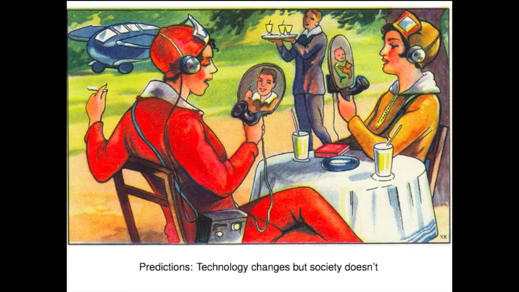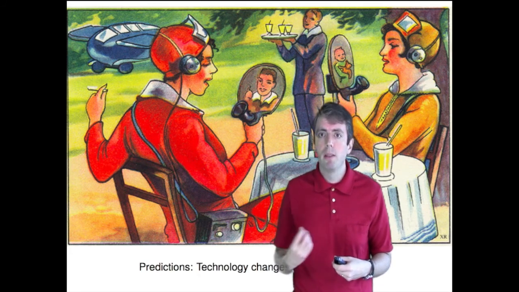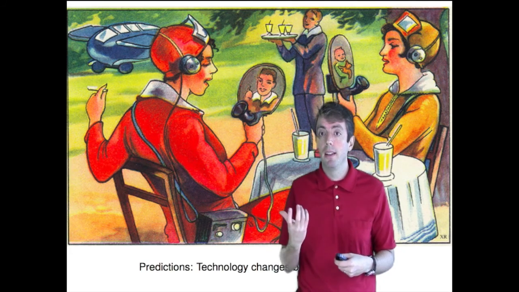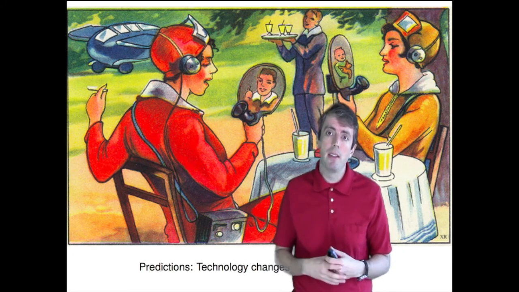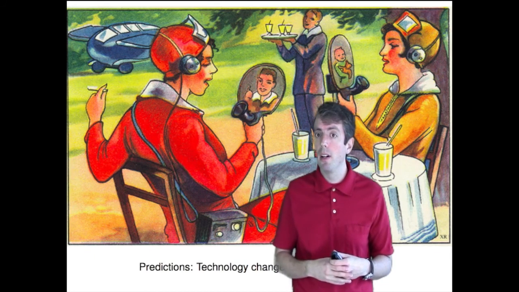There have been a lot of passionate arguments about how quickly and how much artificial intelligence will impact society. The standard failure mode of predictions about the future is that people overestimate the impacts of technology in the short term and underestimate the impacts of technology in the long term.